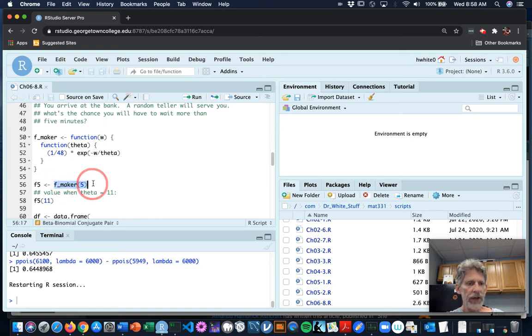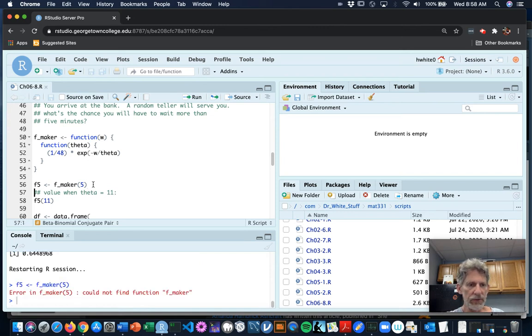For example, fmaker of 5 is going to give you a function where the w is 5. It's going to give you the function 1 over 48 e to the minus 5 over theta. So let's go ahead and run fmaker of 5, and its result we'll call f5.